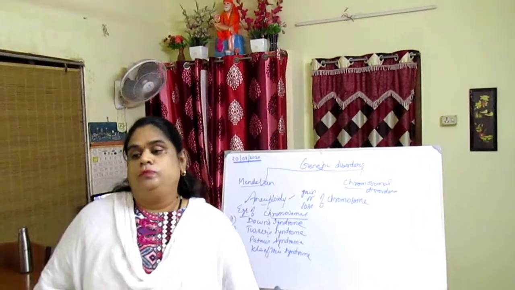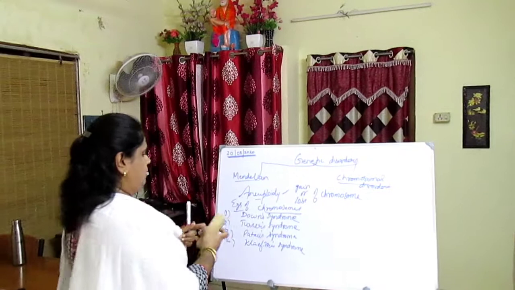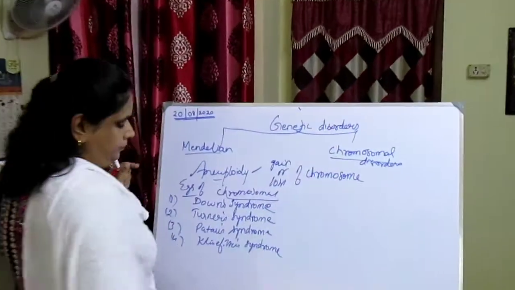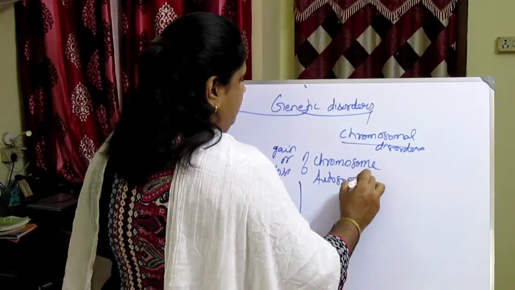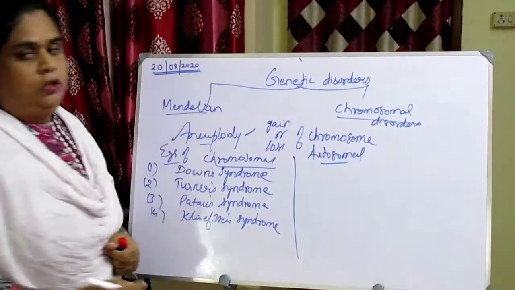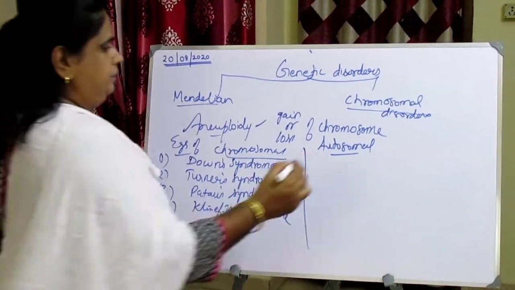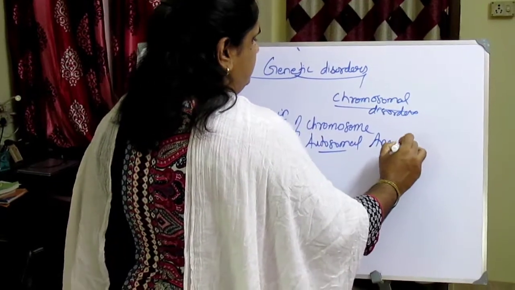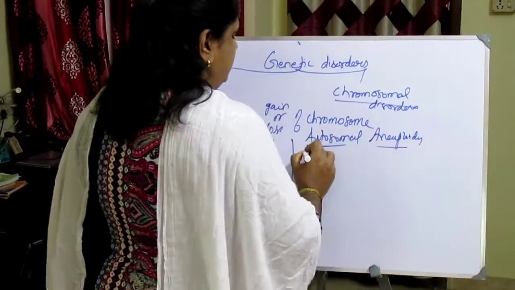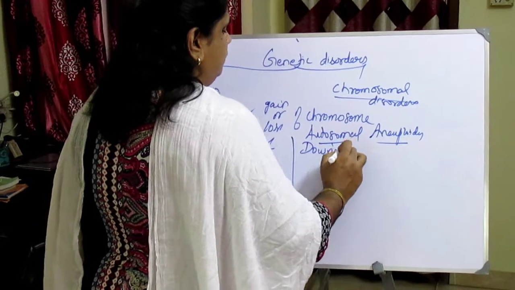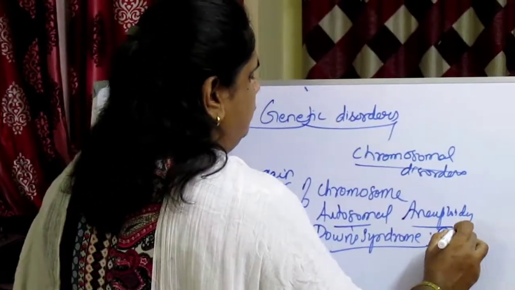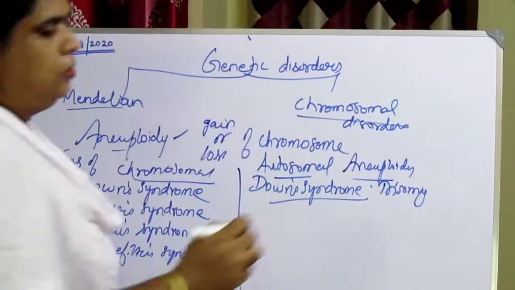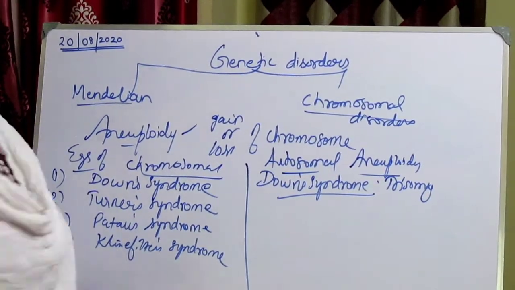Autosomal aneuploidy results in a condition called Down syndrome. What is Down syndrome? It is also called trisomy 21.